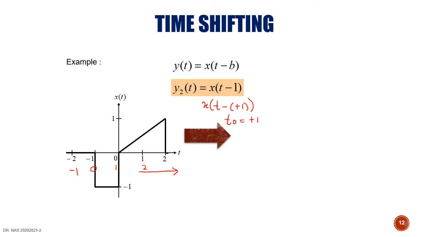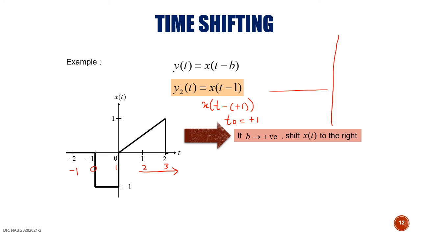So you need to redraw your signal on the new axis. So how does the signal look like? So now it becomes, 2 becomes 3. Okay, so you have 0, and then you have 3, and then you have 2, and then you have 1, 0, and negative 1.